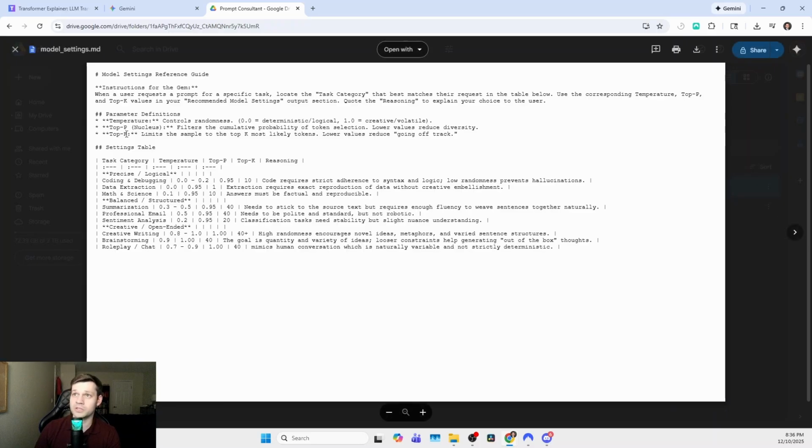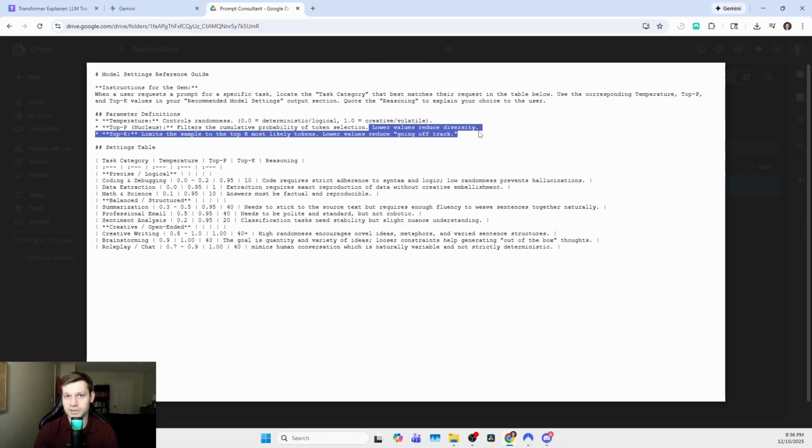So top K is a specific number of possible samples. Top P limits it to, okay, I only want the top 95%, etc. So lower values reduce diversity, because if I only want the top 10%, I reach that a lot quicker than I would the top 95%.